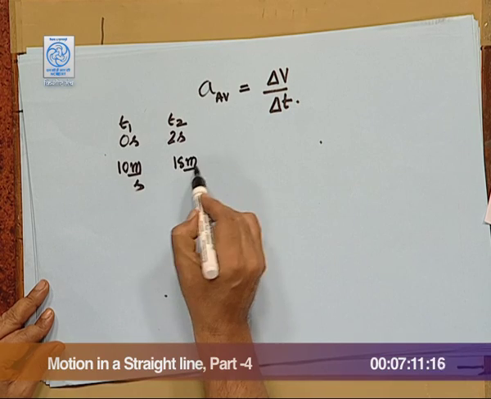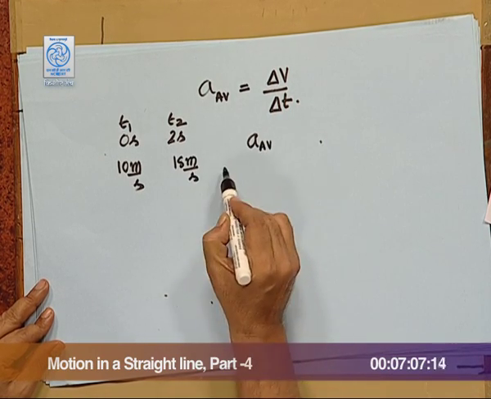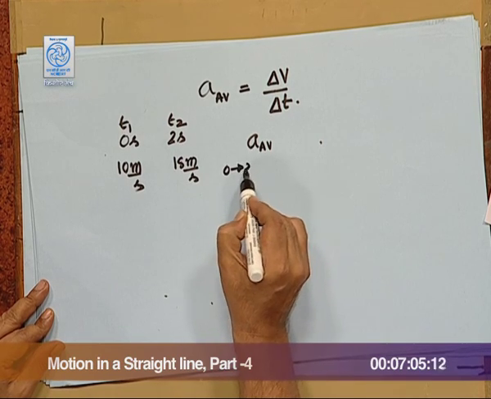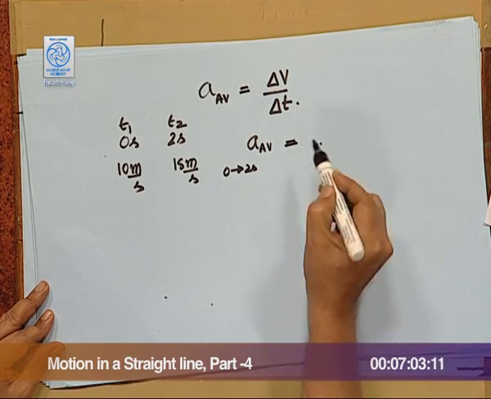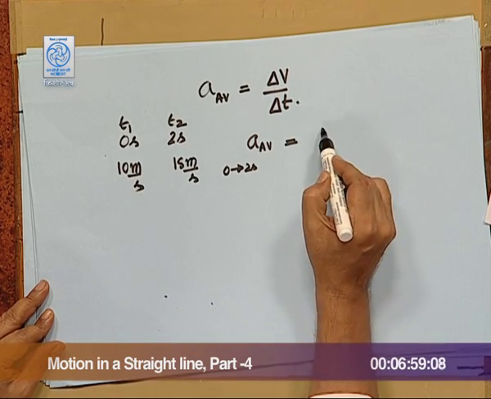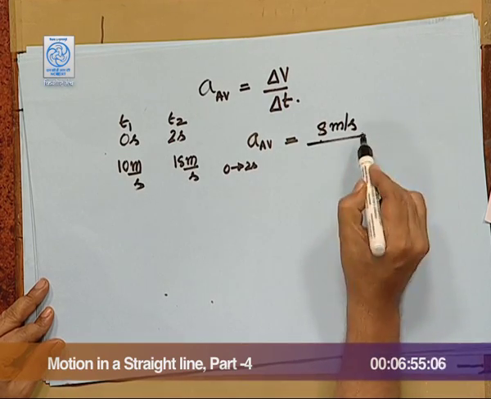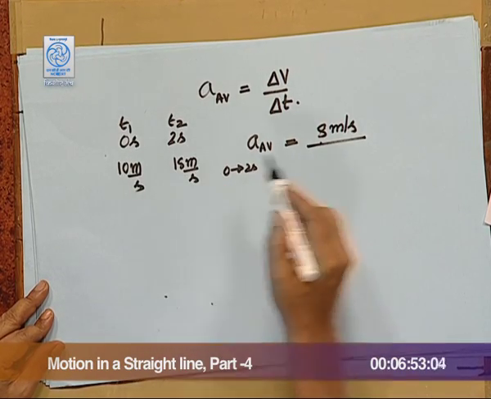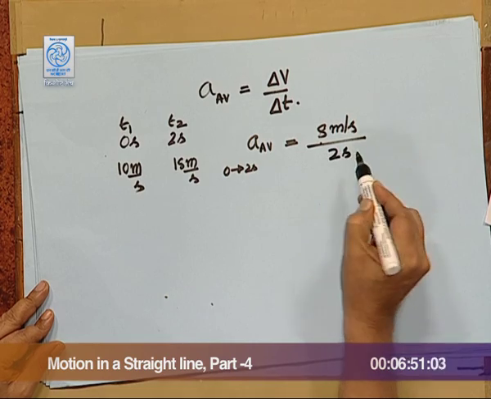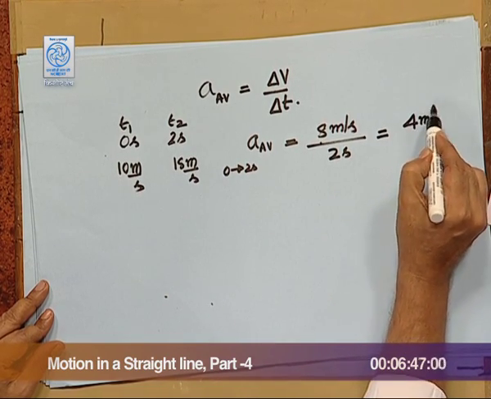In this interval of time, the average acceleration is 18 meters per second minus 10 meters per second, which is 8 meters per second, the change in the velocity, divided by the interval of 2 seconds. So, the average acceleration is 4 meters per second per second.